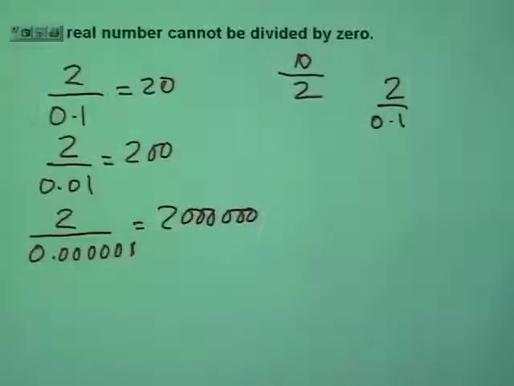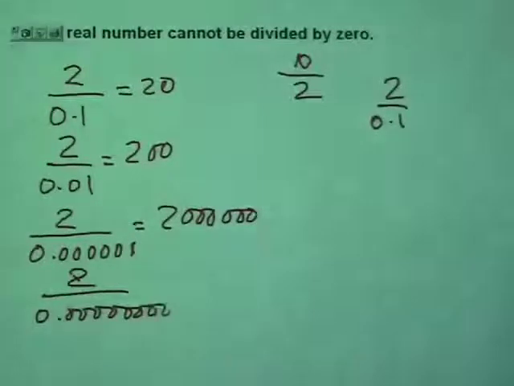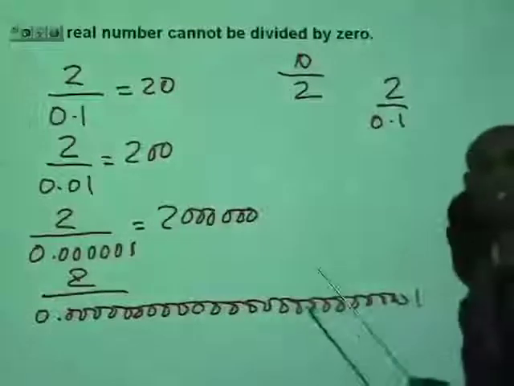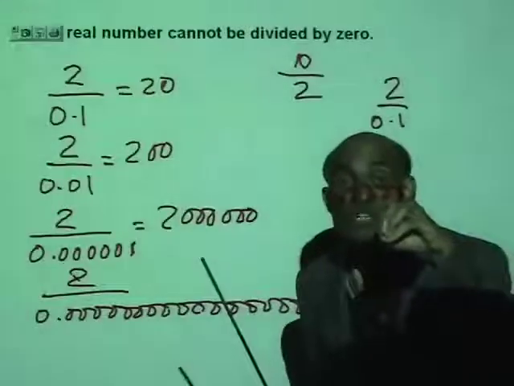Now, I'm going to write a number on the denominator which is very, very small. Close to 0.